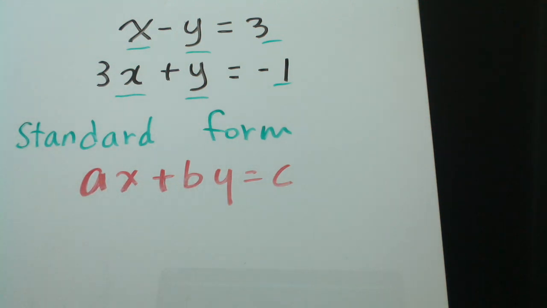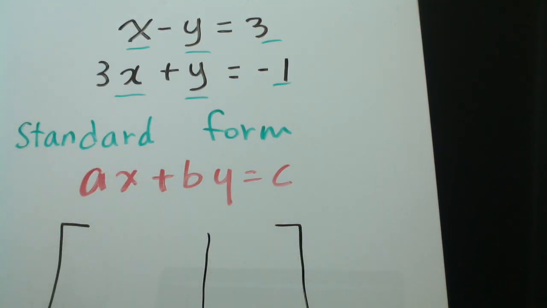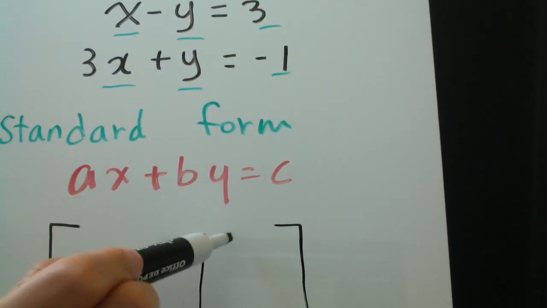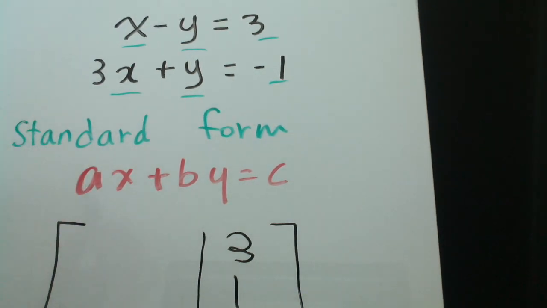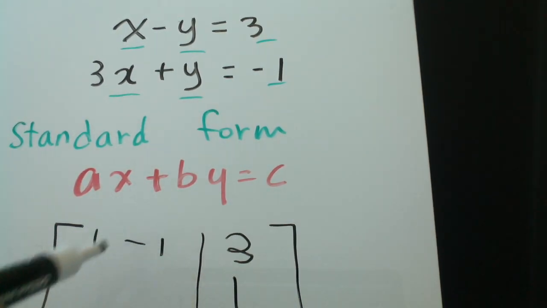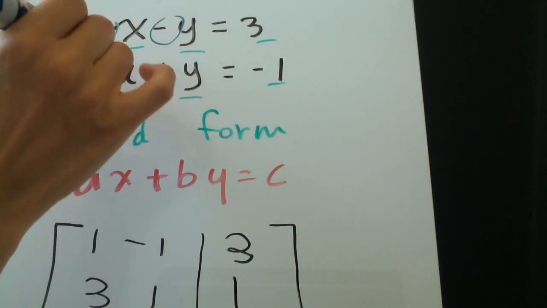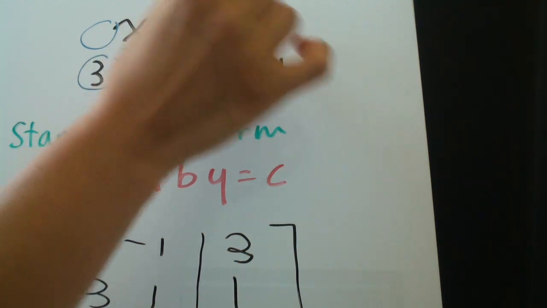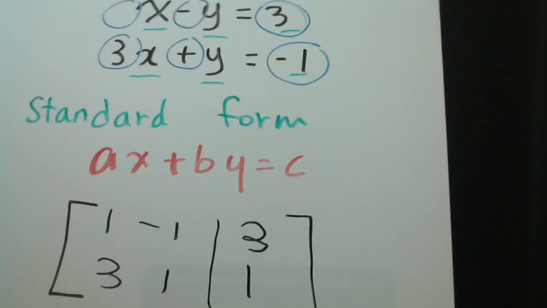Then how do we find the matrix form? We need a line. So 3, 1, and here 1, negative 1, 3, 1. Do you know where all the numbers come from? Here, up here. So this is the answer.